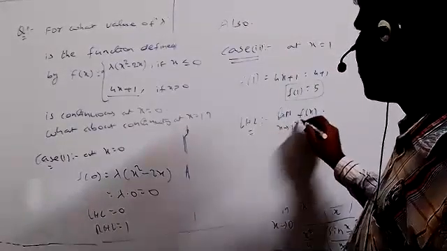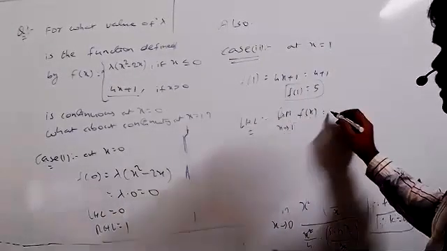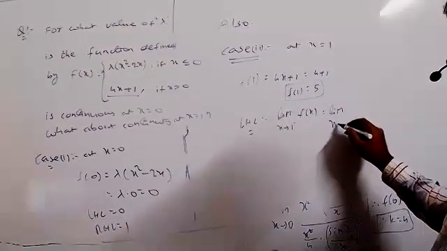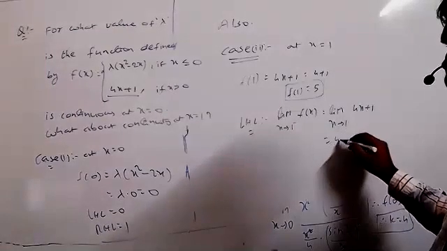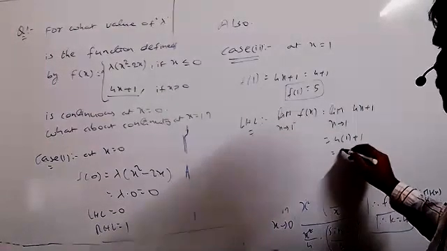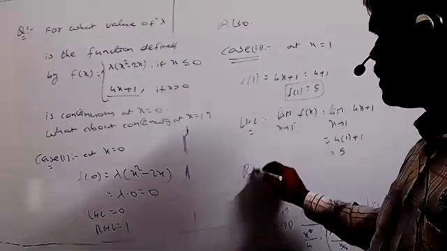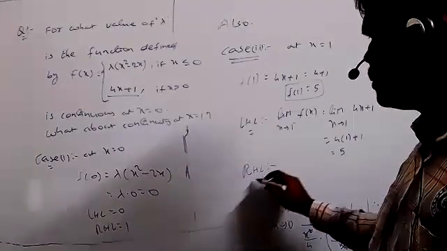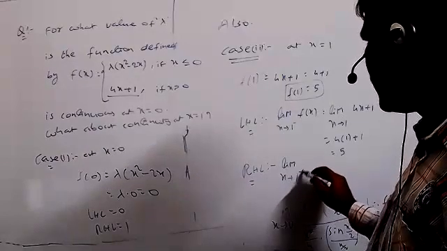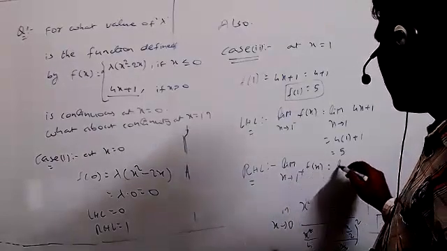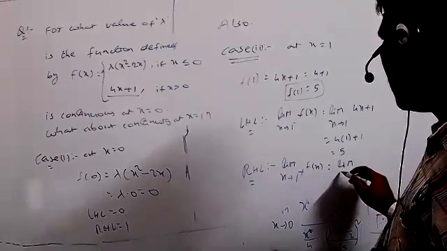Here also you can take, no problem. Same 4x plus 1 you can take. Limit x tend to 1, again 4x plus 1 is equal to 4 plus 1 equal to 5. And the same you can find the value of RHL also. Limit x tend to 1 plus f of x equal to. In this case also you can take here now same function.